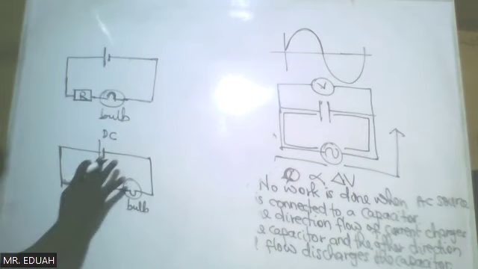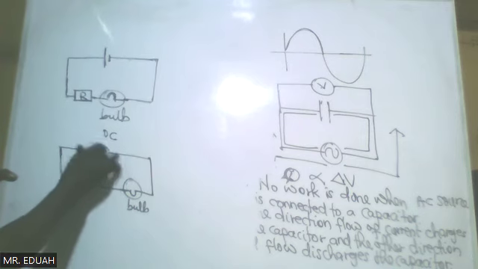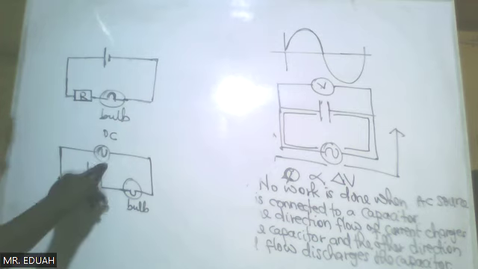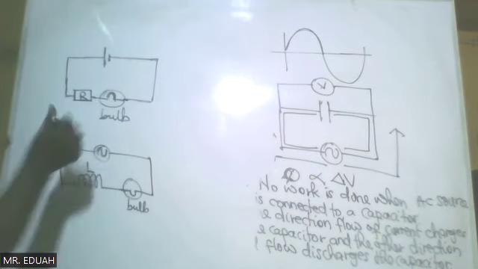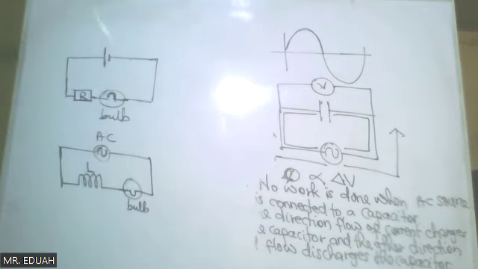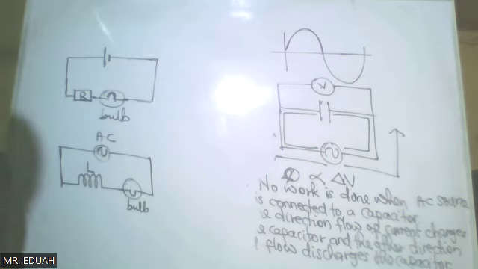But the moment the source is, sorry, AC, then something would happen. When the source is AC, an inductor always opposes a changing current, a current changing by direction and magnitude. So this is where it has a problem with you.